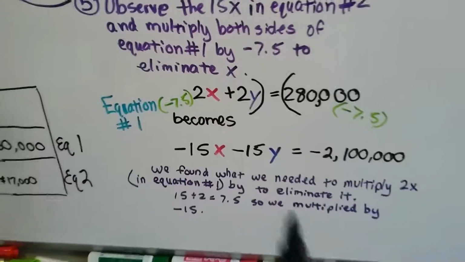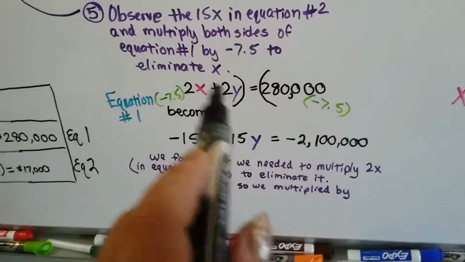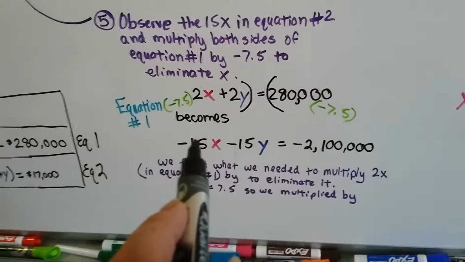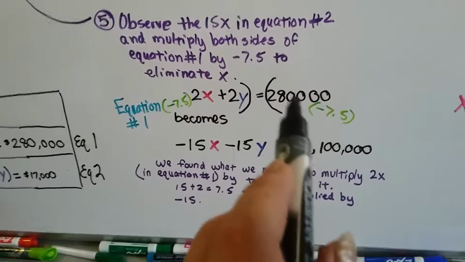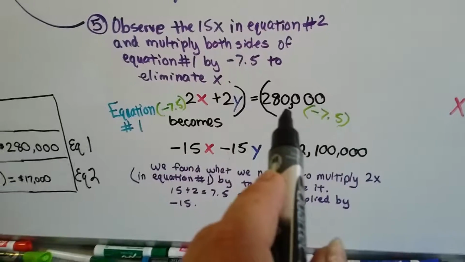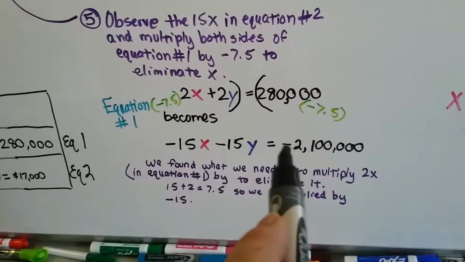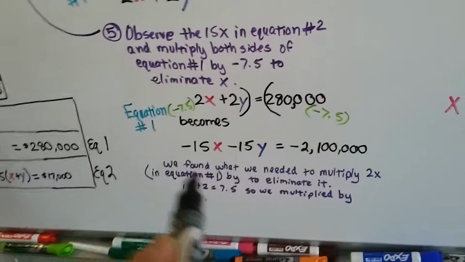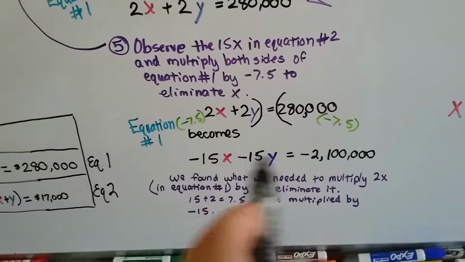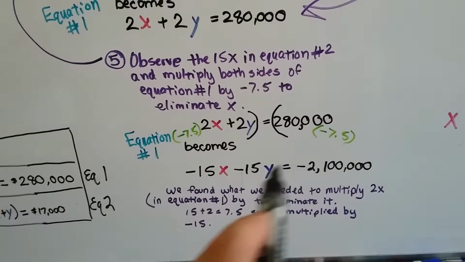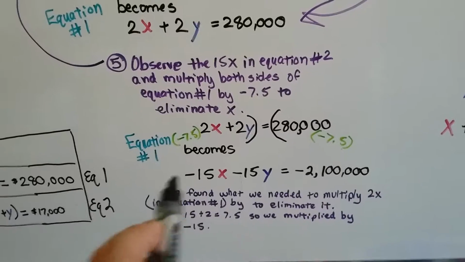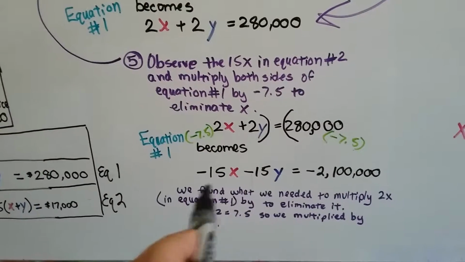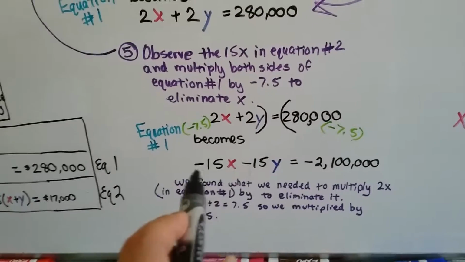So both of these get multiplied by negative 7.5, and they become negative 15x and negative 15y. And this gets multiplied by negative 7.5, and it becomes negative 2,100,000. Now, that is our new equation 1. Okay? We're only going to use it for a little while, and then I'm going to revert back to the original equation 1. But right now, this is our new equation 1.